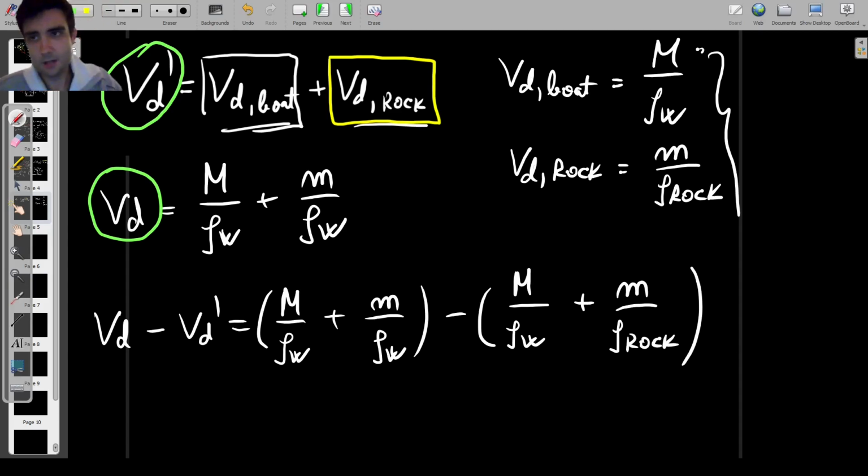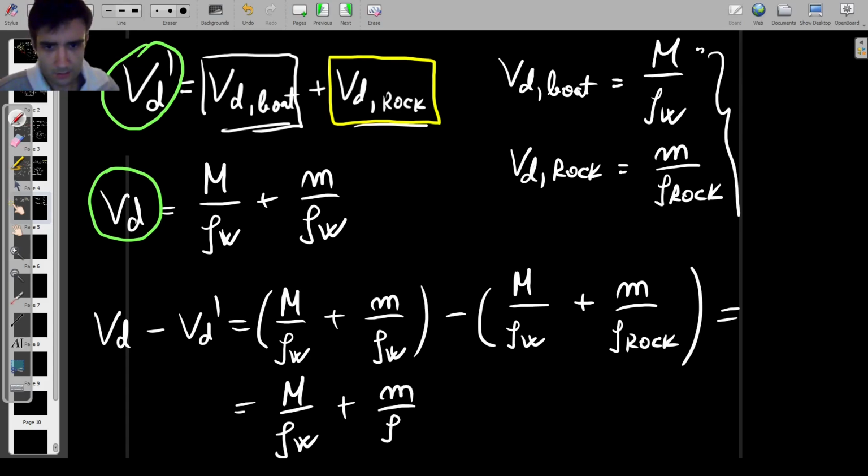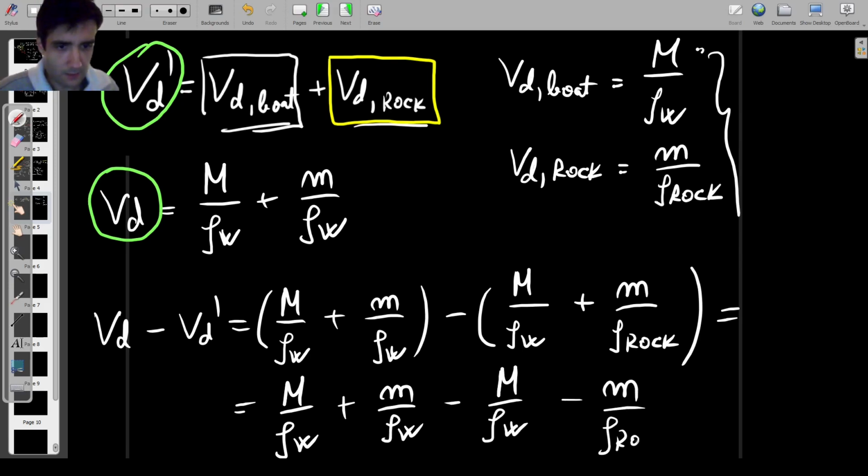Now, if you remove the brackets, the first two terms stay the same, but then you end up with a minus here, and you can see that two of the terms actually cancel out. So this one and this one cancel out, and we're just going to end up with this term and this term.